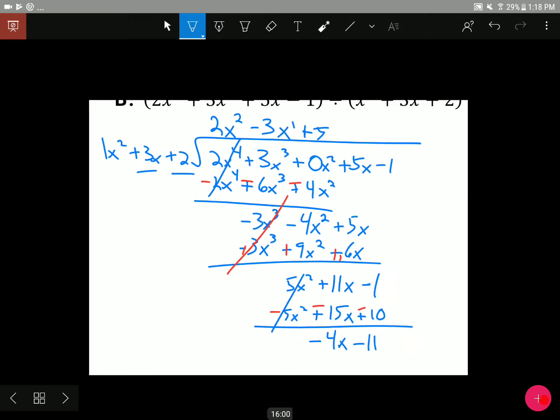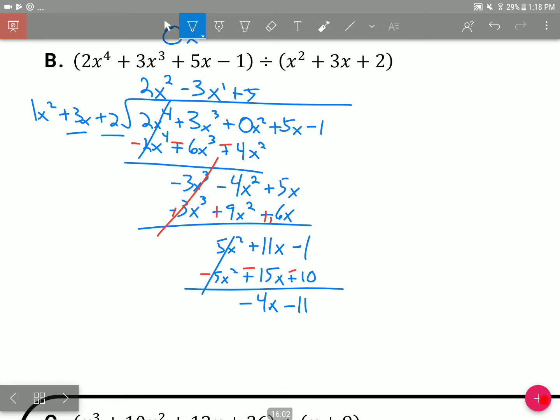Cool? Here's how you deal with a remainder. You take your answer, 2x squared minus 3x plus 5, and the remainder just gets tagged onto the end like this: negative 4x minus 11 divided by x squared plus 3x plus 2.